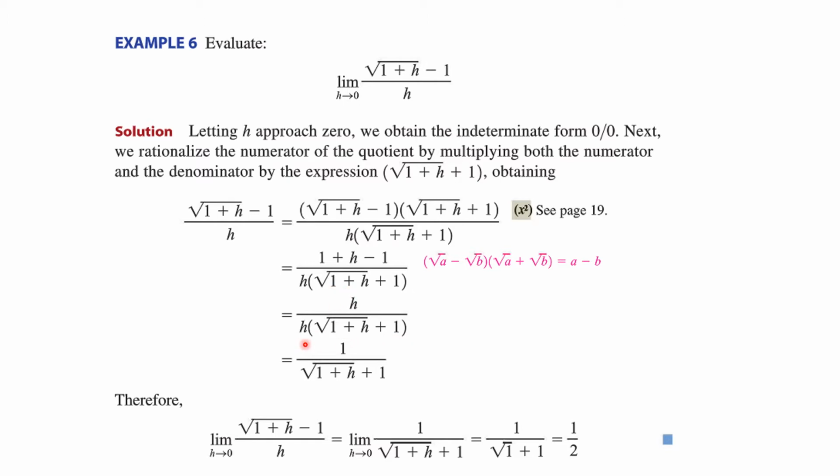The h's we will cancel, and we'll have this. So this limit is equal to this limit, and now we can plug in h equals 0, and we get this as our answer, 1/2. Notice that we created the common factor of h that we canceled.